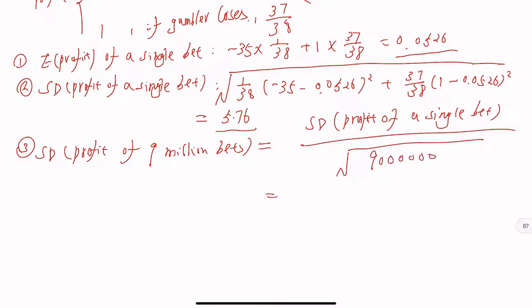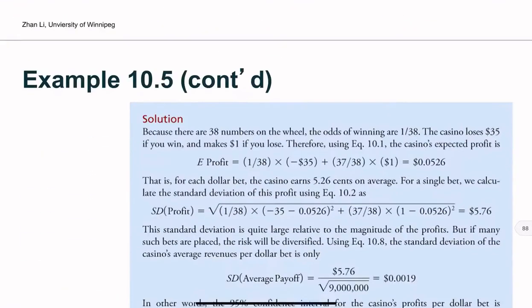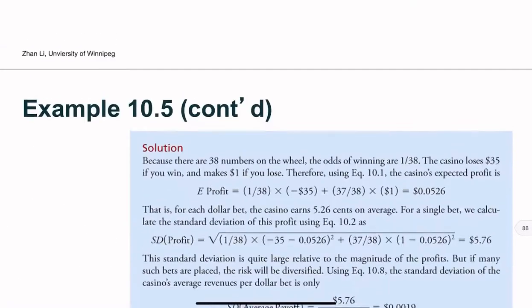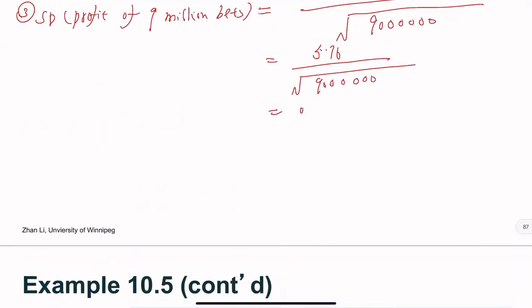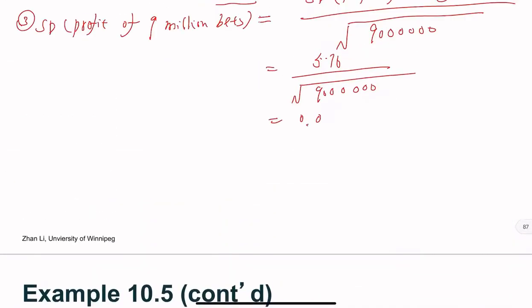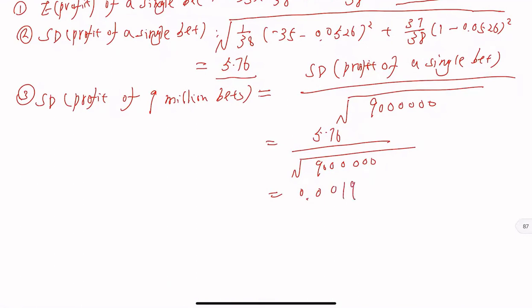So this gives us 5.76 divided by square root 9 million, which gives us 0.0019.